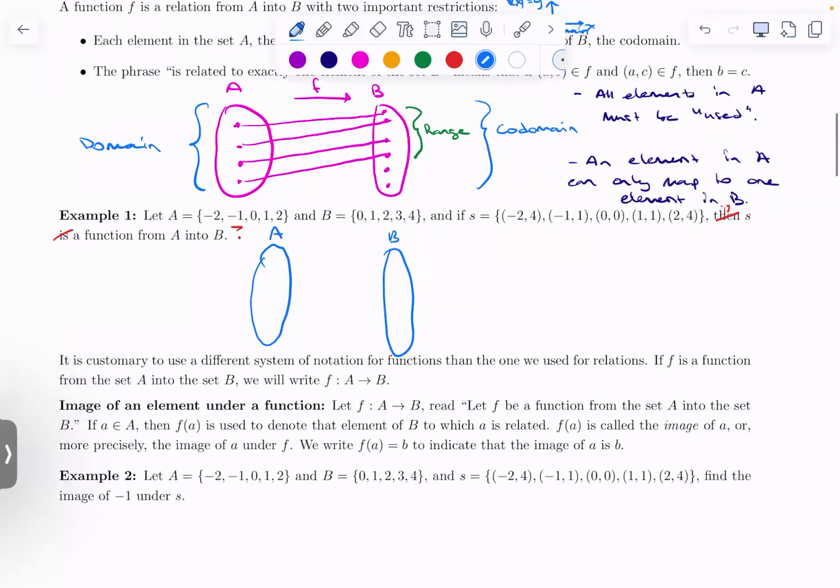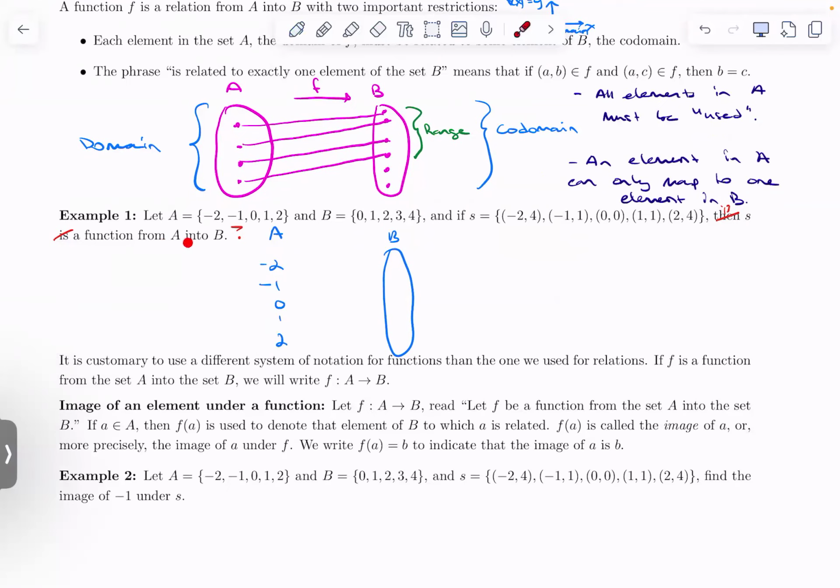I guess I should have listed them first before putting the circles around. Because we're mapping from A into B. If we're mapping from B into A, then B would be the domain. And B is 0, 1, 2, 3, 4.